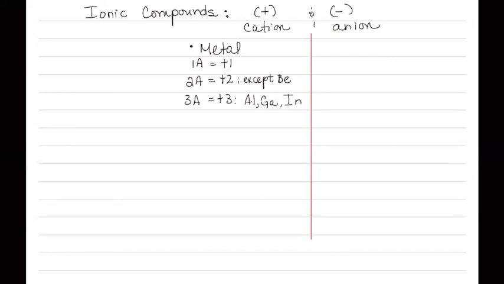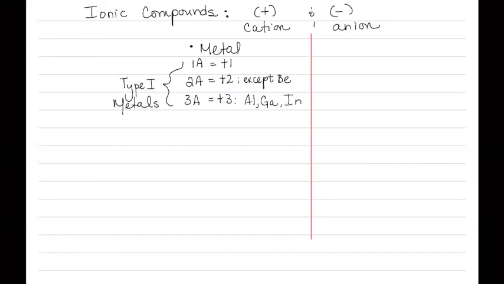These metals that are in 1A, 2A, and 3A are known as type 1 metals. They lose those electrons because they're trying to achieve a noble gas configuration. So make sure that you check that out in the videos.